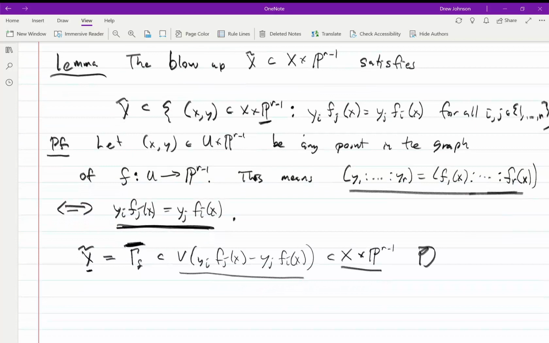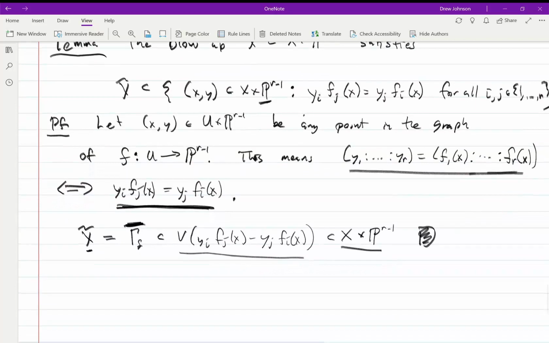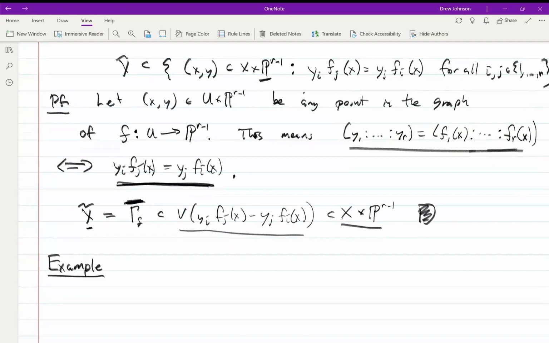All right, so that's the end of the proof. I think we're finally ready to do our first interesting example, and this is actually one of the most important examples of a blow-up. Let's look at the affine space A^n, and let's blow up at the origin, or in other words, I want to blow up at x1 through xn.